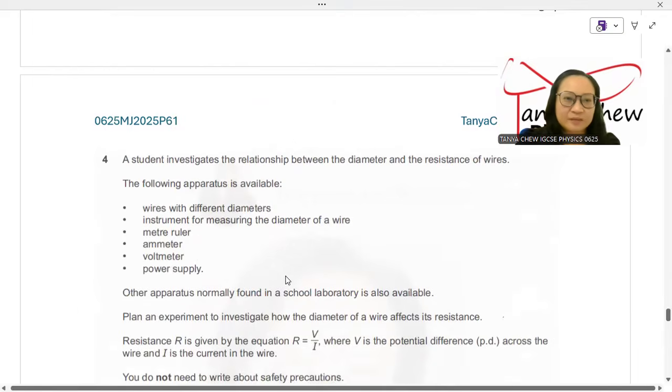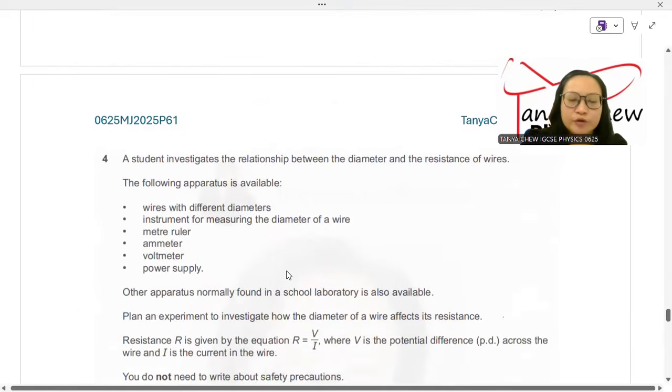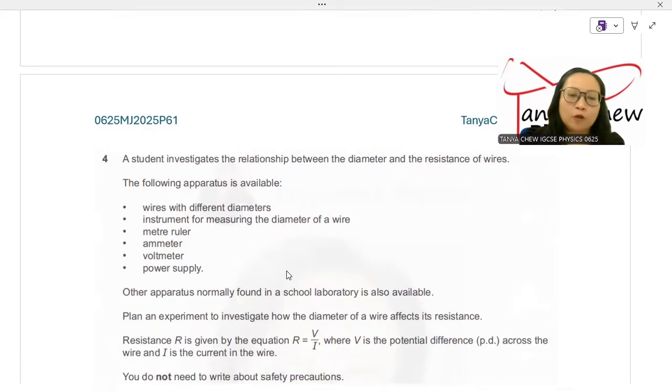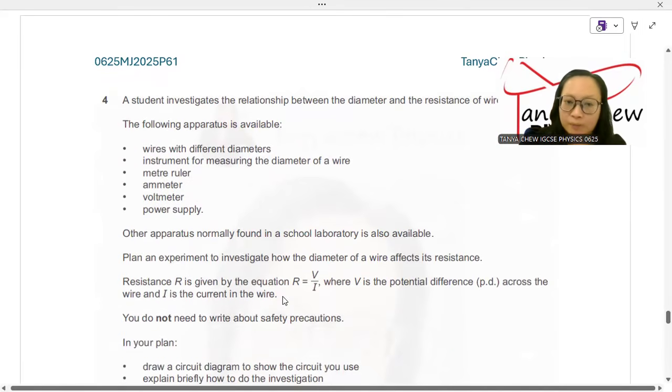That's all. Now, number 4. A student investigates the relationship between diameter and the resistance of wires. The following apparatus is available: wires with different diameters, instrument for measuring the diameter of a wire, meter ruler, ammeter, voltmeter, power supply. Other apparatus normally found in the school laboratory is also available.